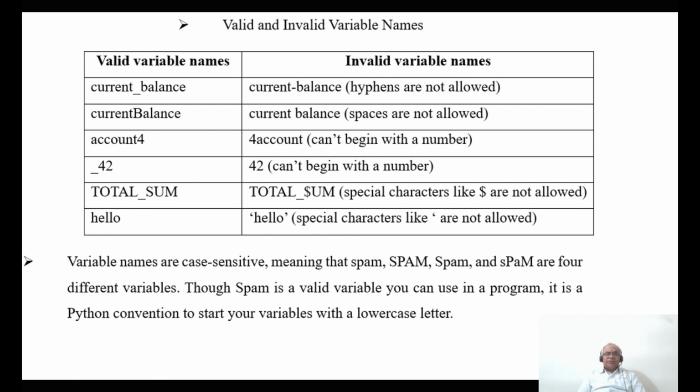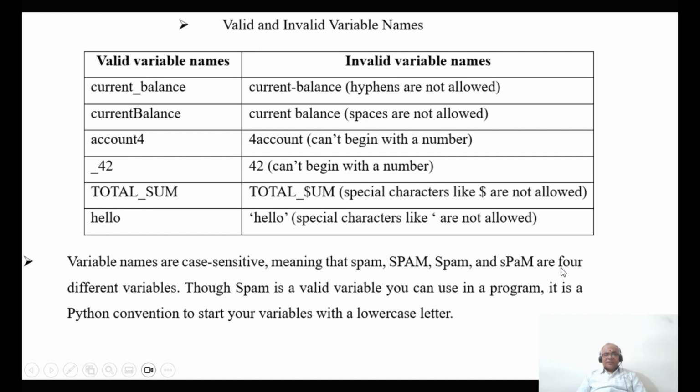Variable names are case sensitive, meaning that spam can be written with all letters in capitals, or with the first letter capital S and the remaining small letters, or starting with a small letter and then alternating small and capital letters.